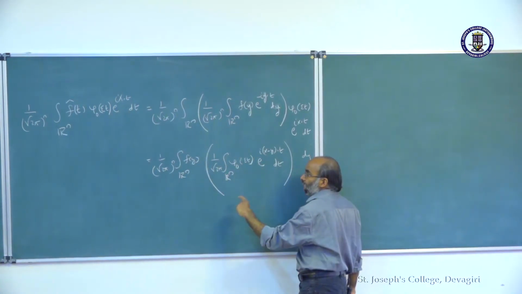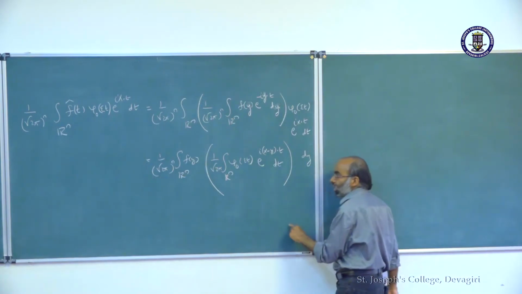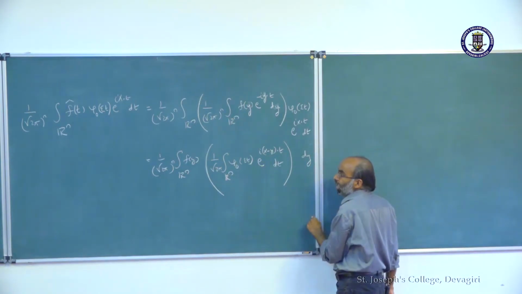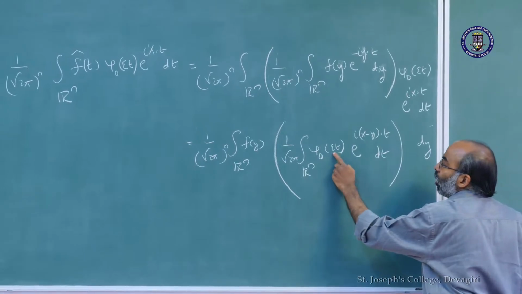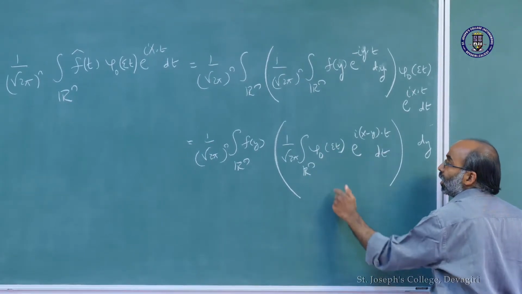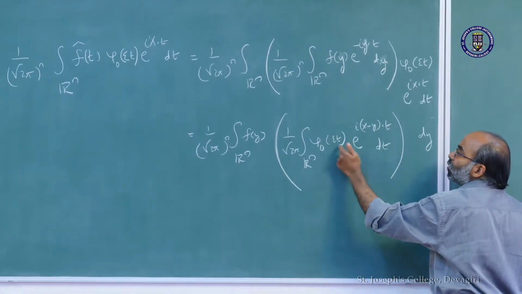So, remember, if you have f of delta x and you take the Fourier transform, you will get 1 by delta to the n f hat at t by delta, right. So, because of this epsilon, you will get a 1 by epsilon to the n phi 0 hat at (x minus y) by epsilon, okay.